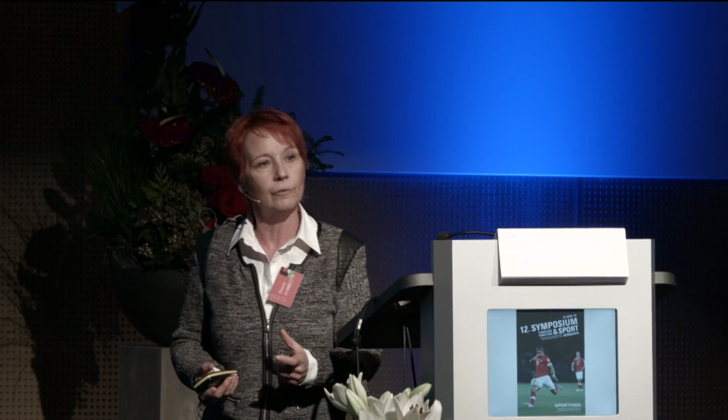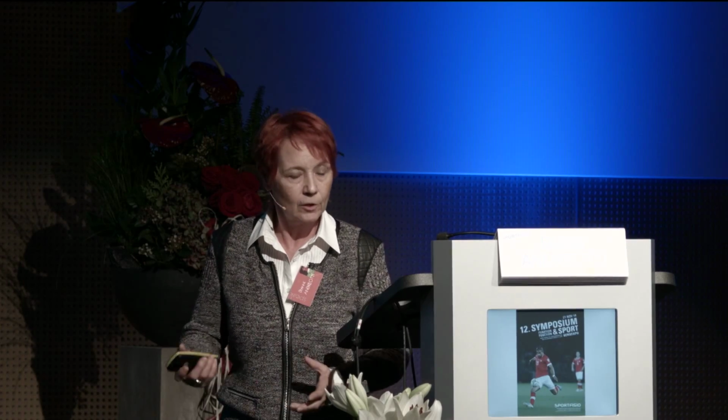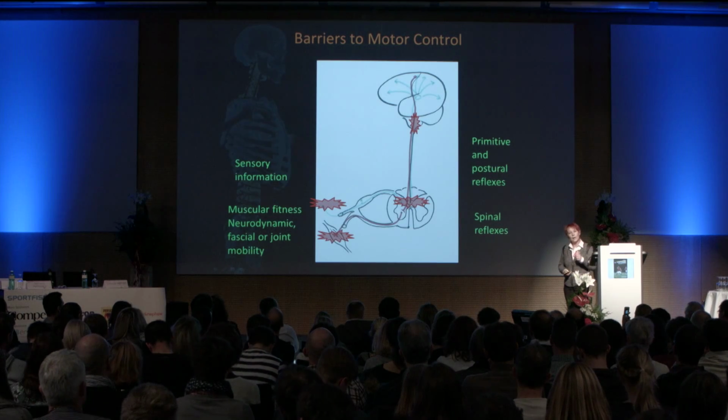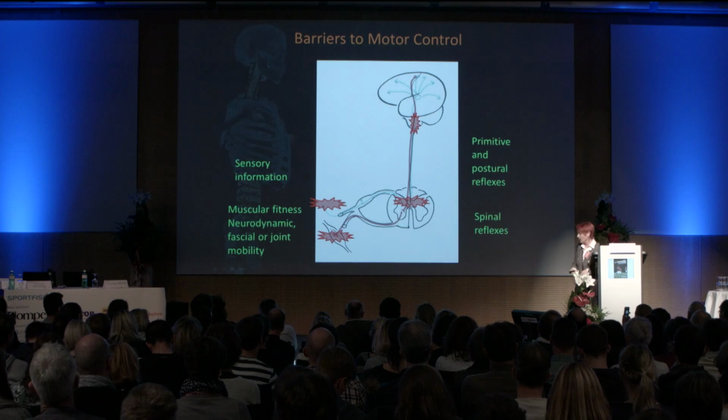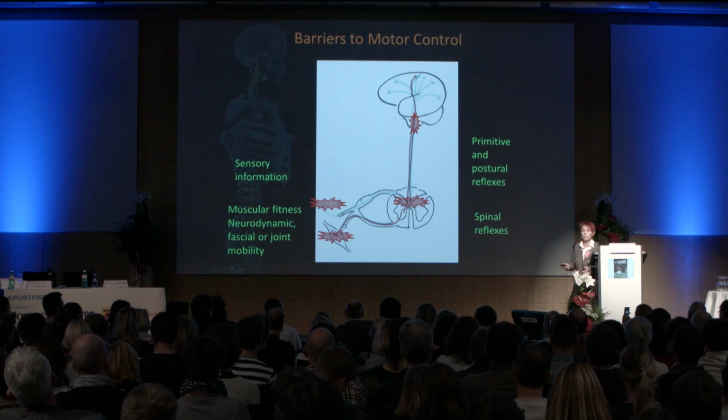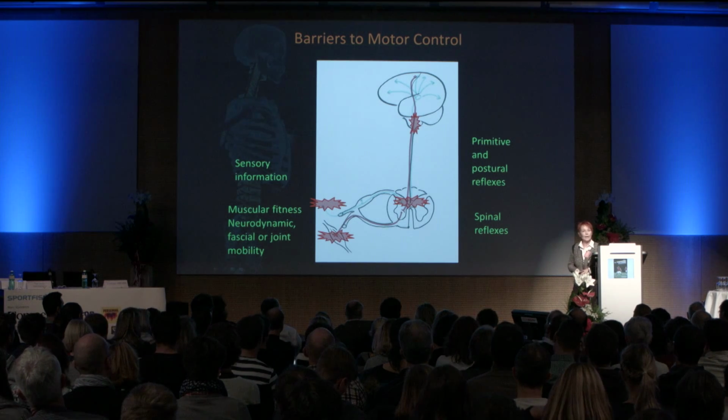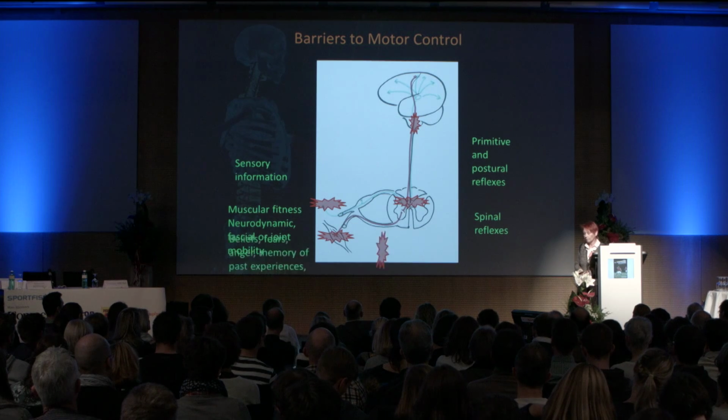We can have actual problems in the muscle itself. So the muscle itself can be weak, not have enough contractile tissue. We can also have a muscle that's too long. But we can also have problems in mobility in the neurodynamic system, in the fascial system, we're going to hear more about that today, and of course in the joint.